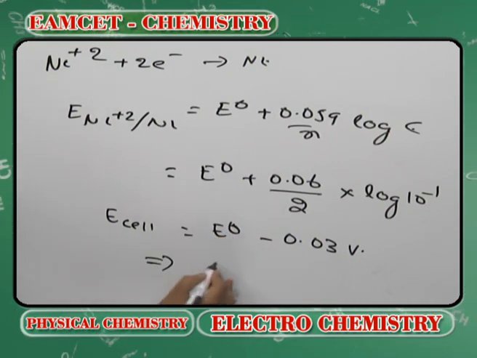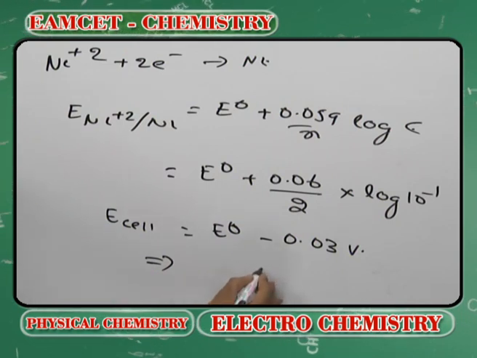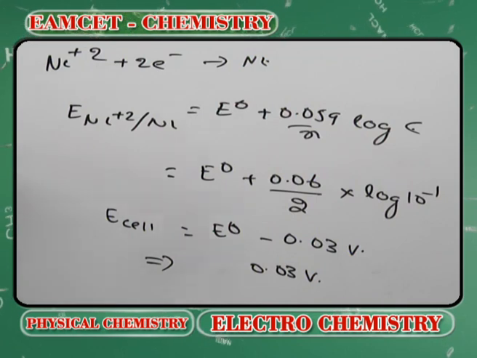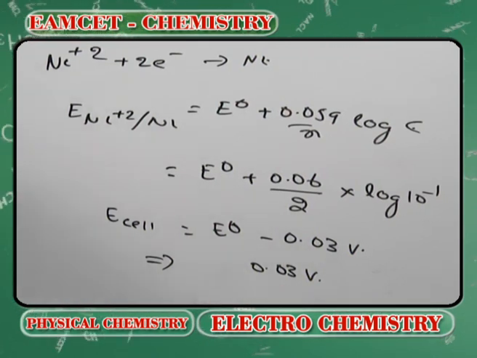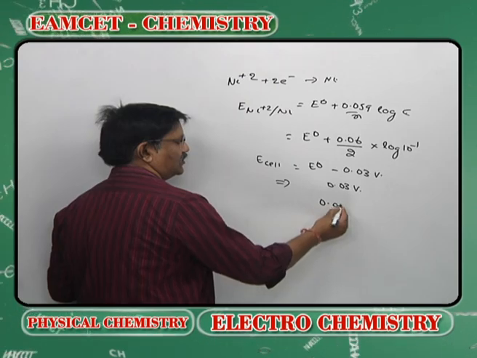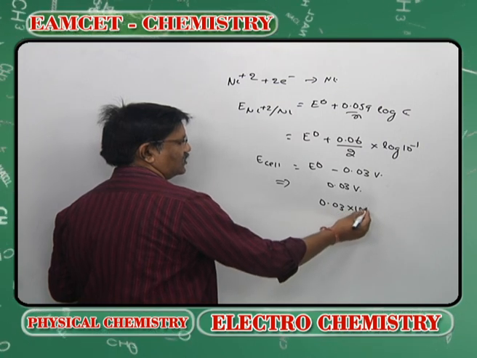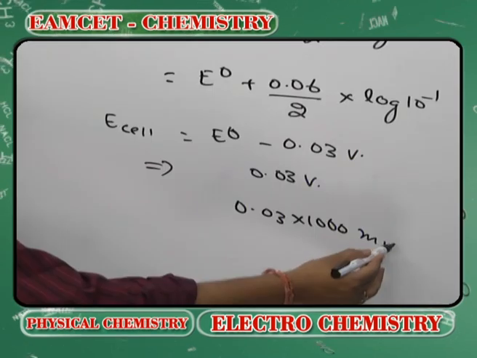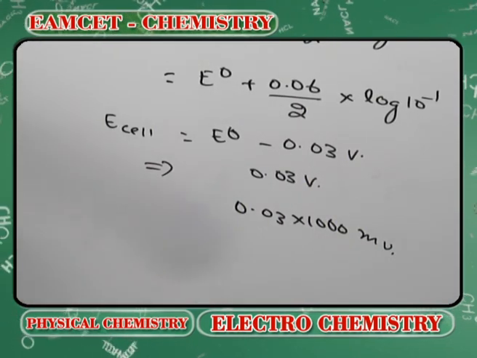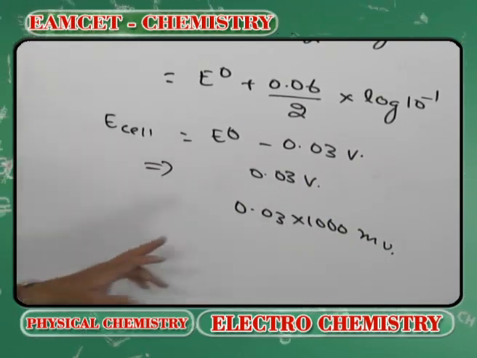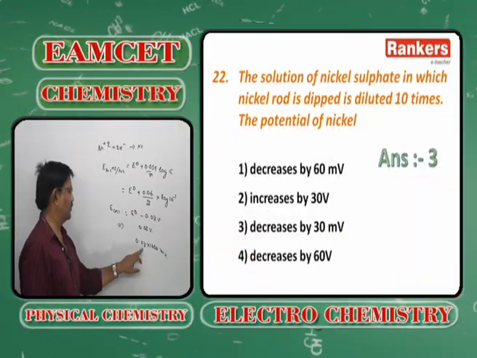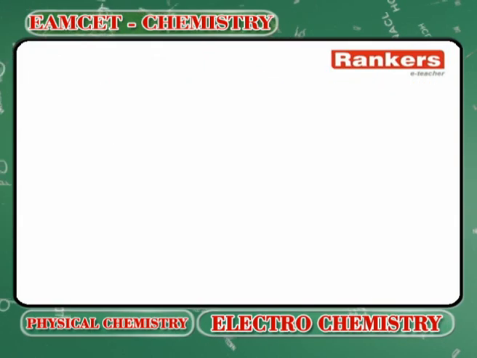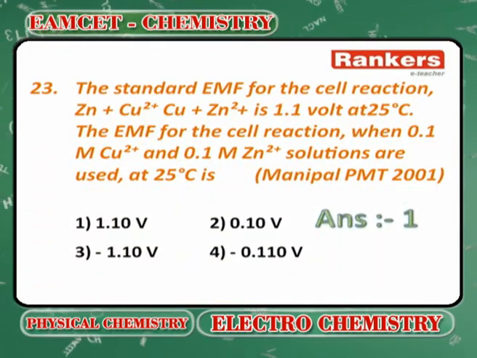The potential of the electrode decreases by 0.03 volts. When converted into millivolts, 0.03 into 1000 comes to 30 millivolts. Next, option 3 is the answer.